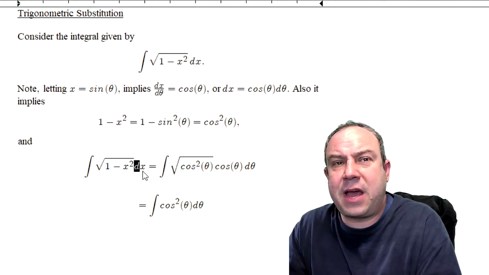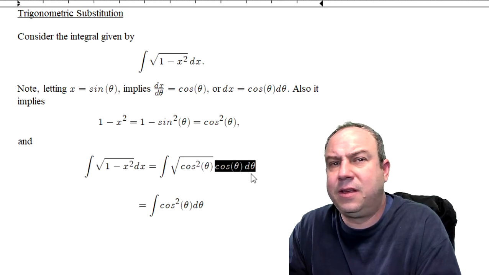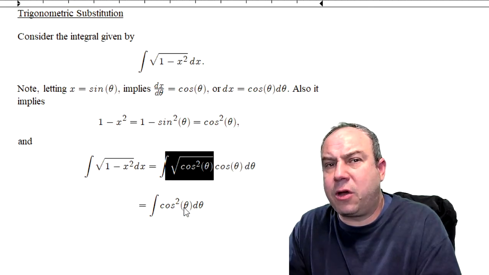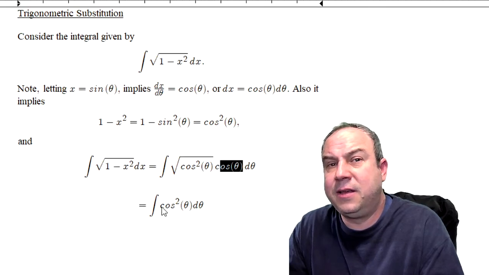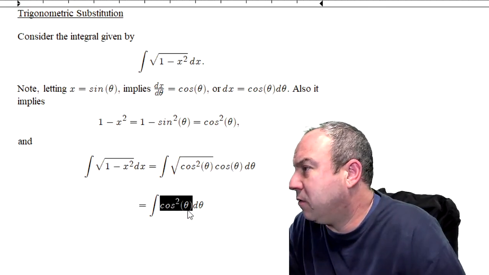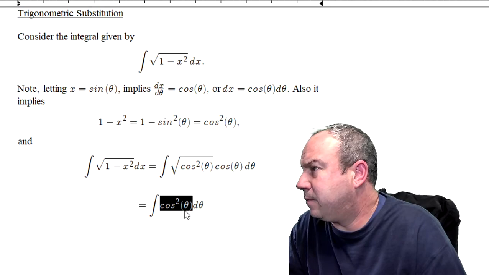So we substitute out this dx with cosine theta d theta. And the square root of the cosine squared becomes cosine theta, times this cosine theta simplifies now to the integral of cosine squared theta d theta.